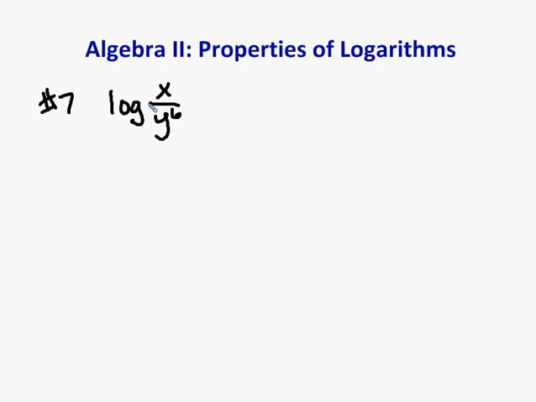So I have expanding logarithms using the properties. I have a problem, it's log with a base of 10 of x over y to the sixth, and I want to expand this log. Now I can use my quotient property and I can use my power property to solve this problem. I know that this is the same as log of x minus log of y to the sixth.